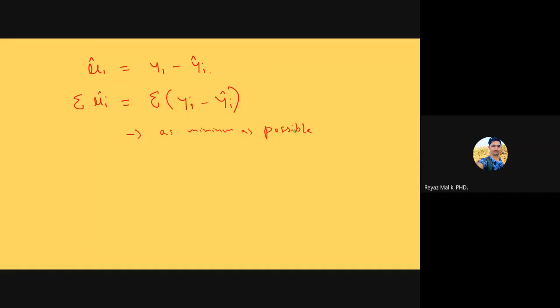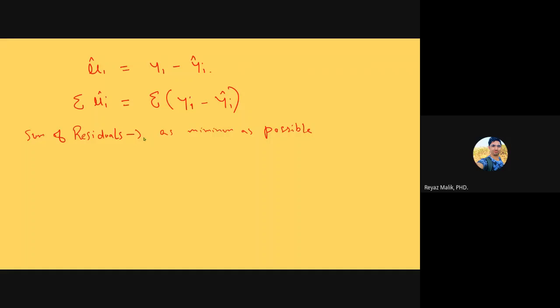So the sum of residuals should be as minimum as possible. Correct? No doubt in it.